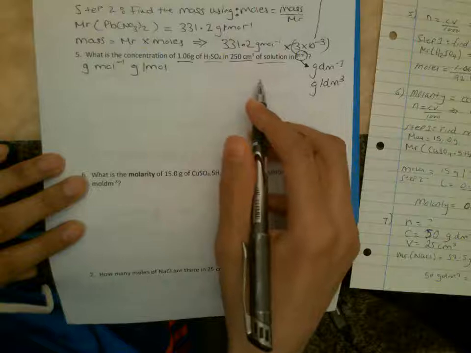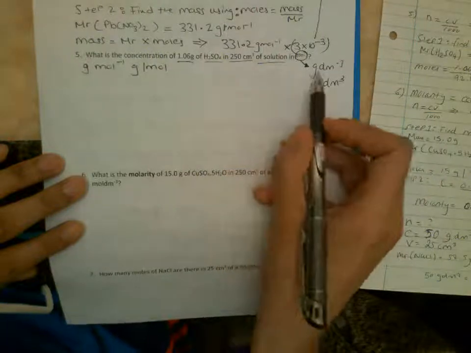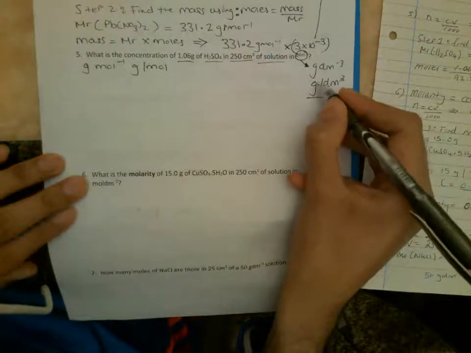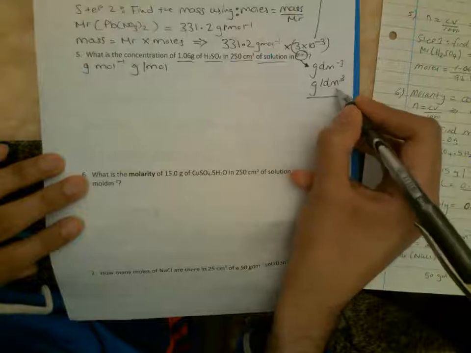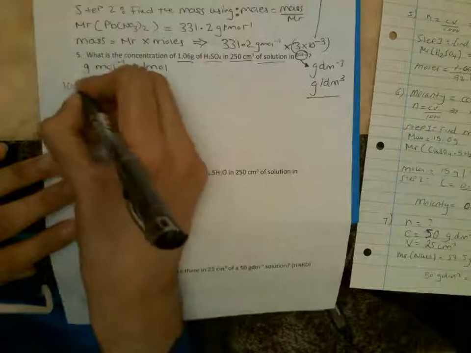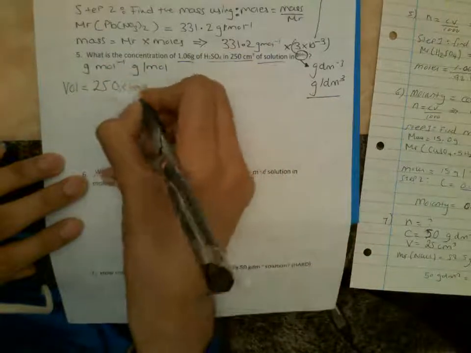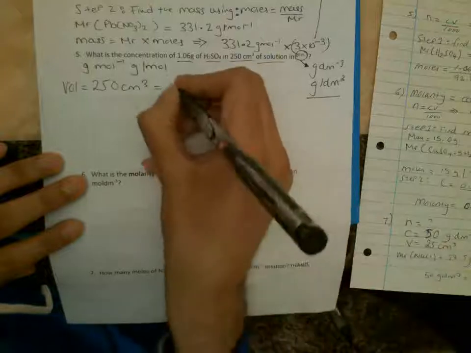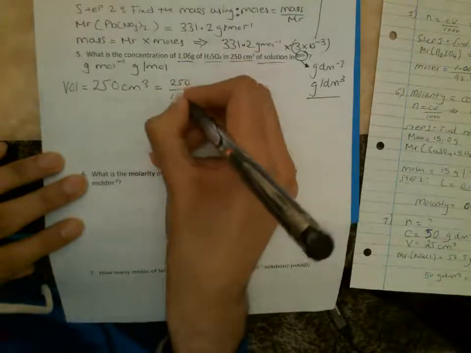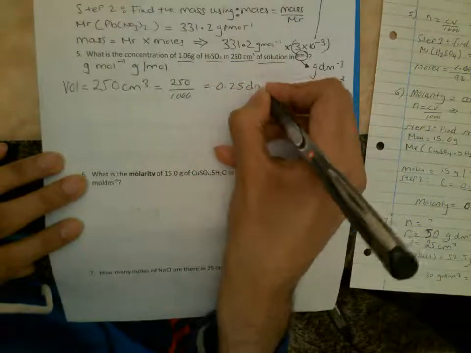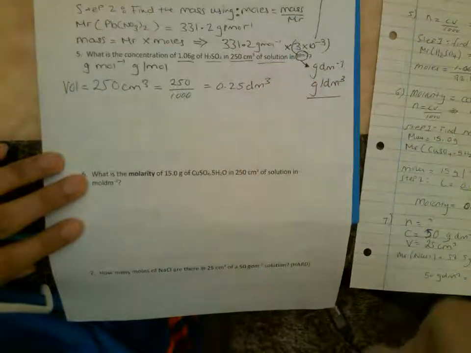So all you've got to do to find your concentration in grams per decimeter cubed is divide the grams, aka the mass, by the volume in decimeter cubed. Now, in this case, we've got a volume of 250 centimeters cubed, which is exactly the same, okay guys, as 250 divided by 1000, which is 0.25 decimeters cubed.